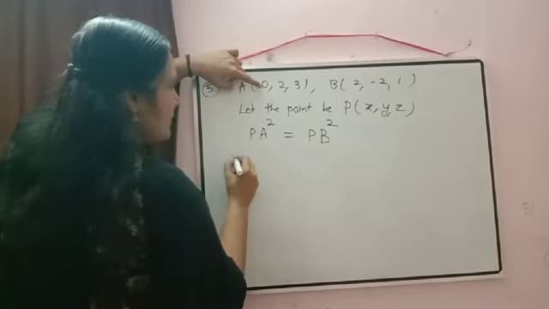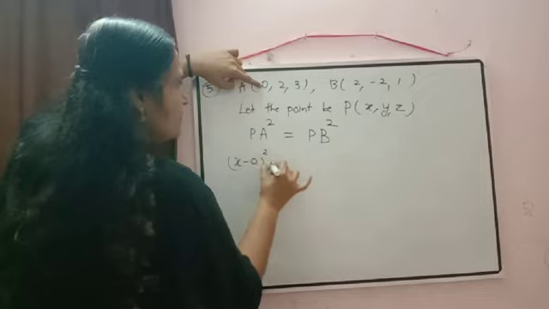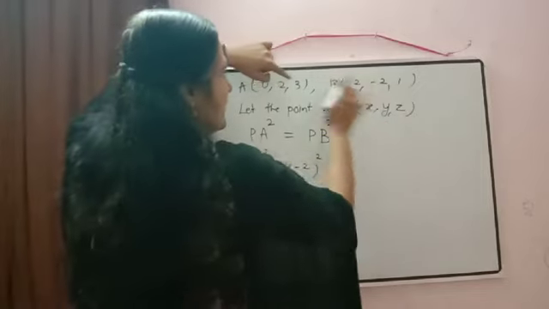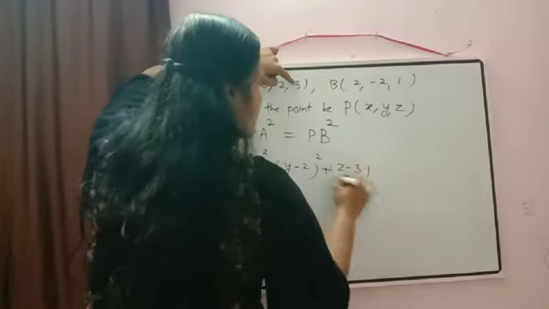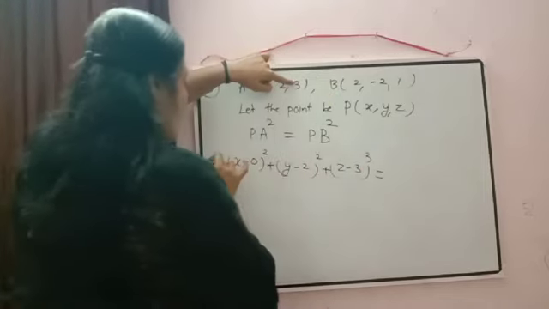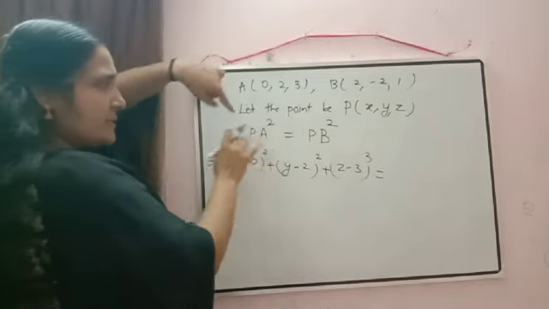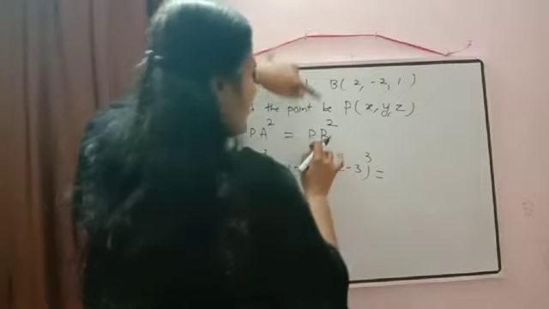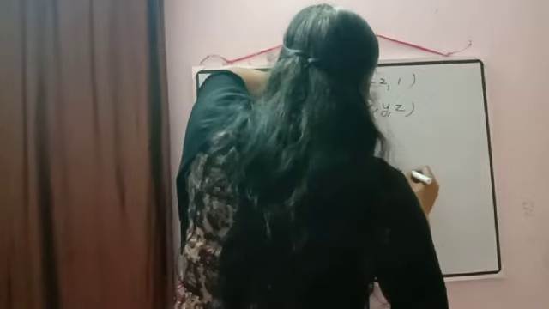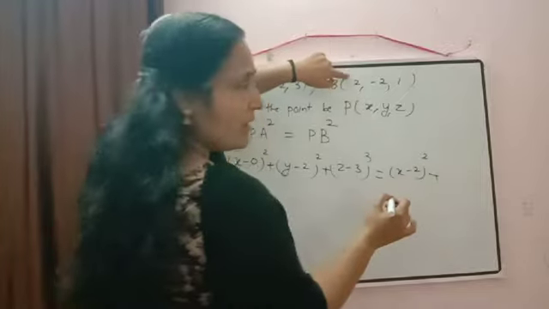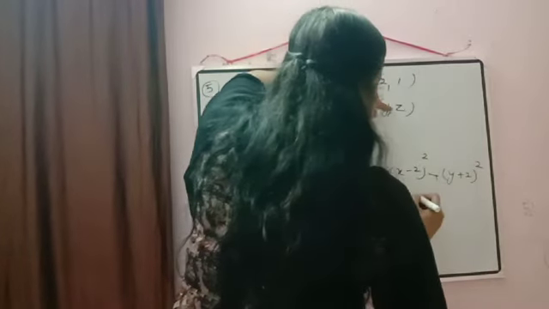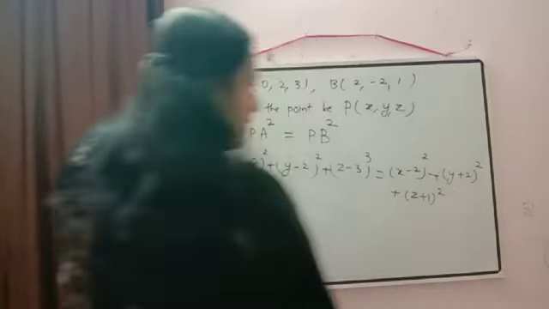It will be equal to x minus 0 the whole square plus y minus 2 the whole square plus z minus 3 the whole square, equal to PB. Don't write them separately there. Just write the relation and then continue from here only. Okay. PB will be equal to x minus 2 the whole square plus y plus 2 the whole square plus z plus 1 the whole square.